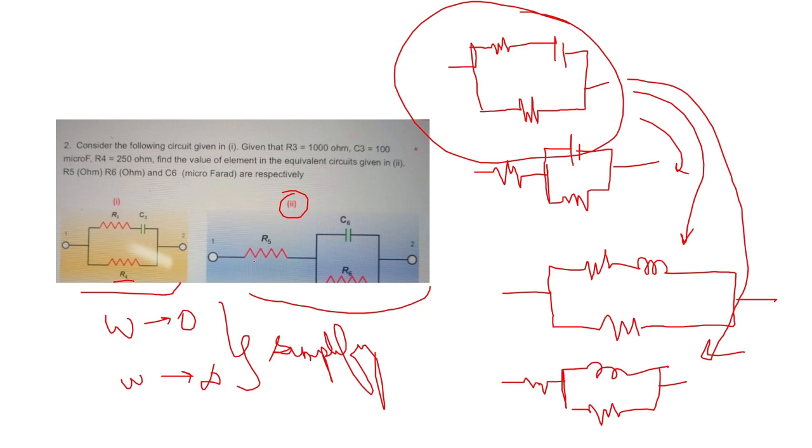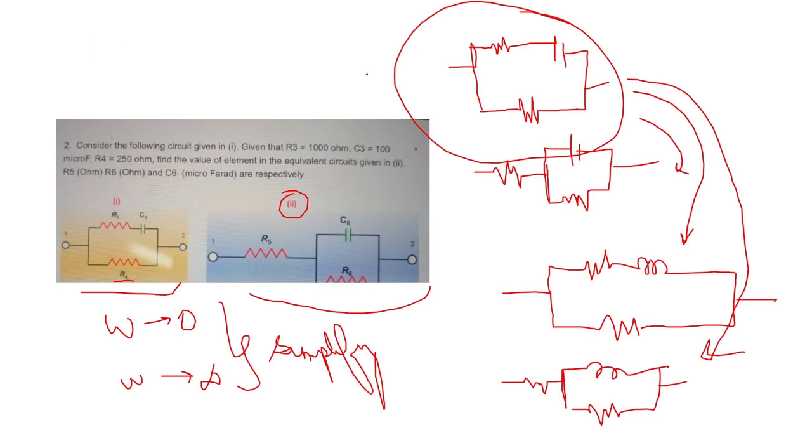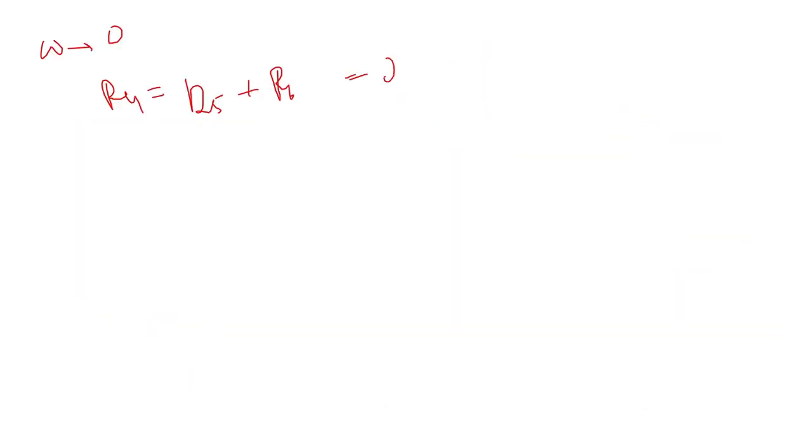In this case, all the current will pass through R5, and C6 offers infinite impedance, so R5 plus R6. So the first expression is R4 equals R5 plus R6. R4 value is given in the question as 250 ohm.